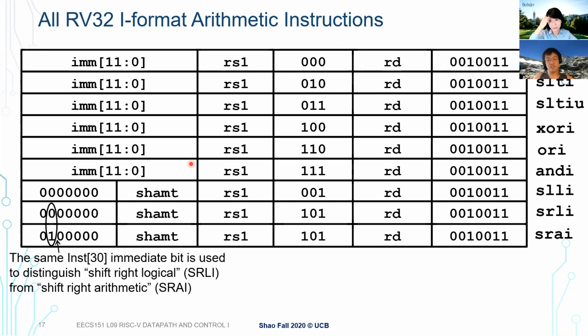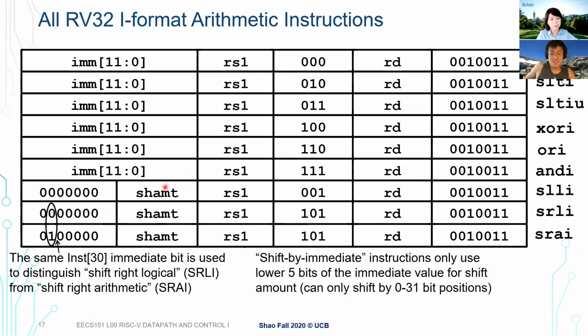So for the shift instruction, instead of using all the 12 bits to indicate the shift amount, we only use 5 bits, because again, 32-bit register, 32-bit value. So the shift amount only needs 5 bits to specify how much we want to shift.